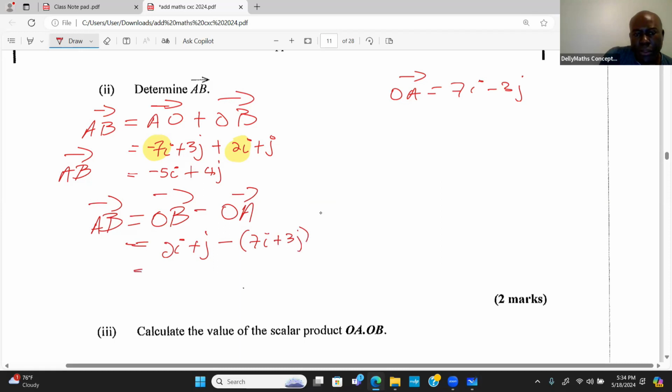So if you think about this, this is what we would get. So 2 minus 7 is going to be a negative 5I, and 1J minus 3J is going to give positive 4J. So it's up to us. We'll get the same response.